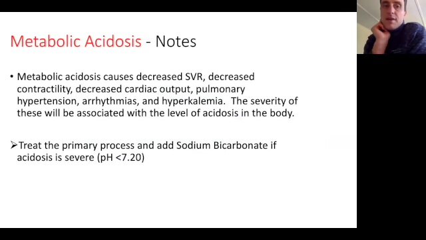A couple of notes on metabolic acidosis. As you're aware, when treating patients with severe forms of shock, metabolic acidosis is associated with decreased systemic vascular resistance, decreased cardiac contractility and cardiac output, pulmonary hypertension, arrhythmias, hyperkalemia, and it can be a major cause of death in patients.